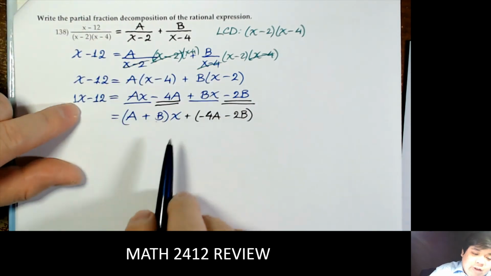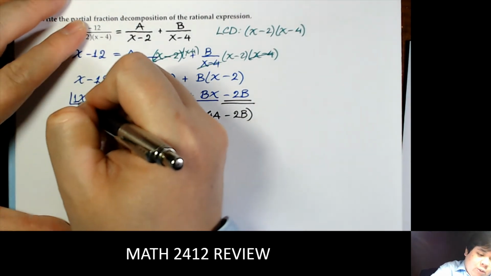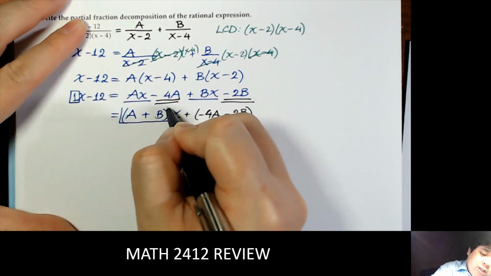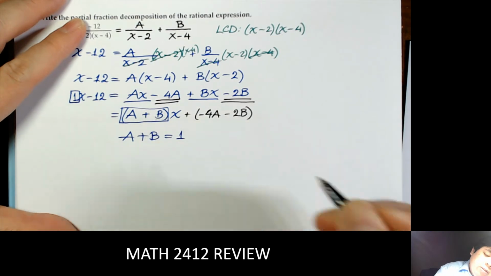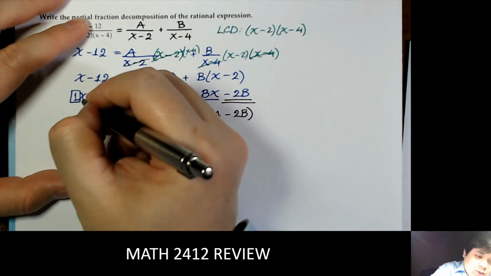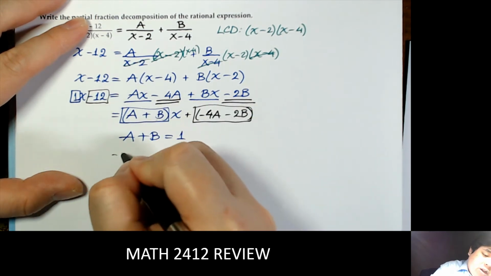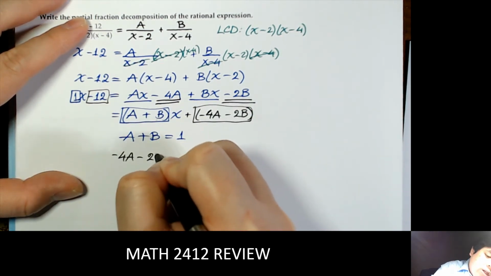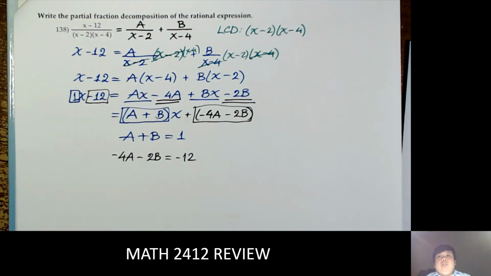The coefficient of x must match the coefficient of x, so we have 1 equal to this: A plus B is equal to 1. And then next, negative 12 has to match with this constant, so minus 4A minus 2B is equal to minus 12. This one we're going to use the calculator.